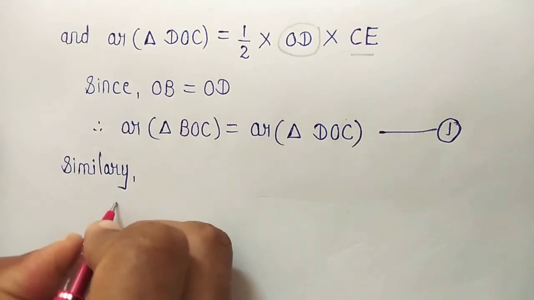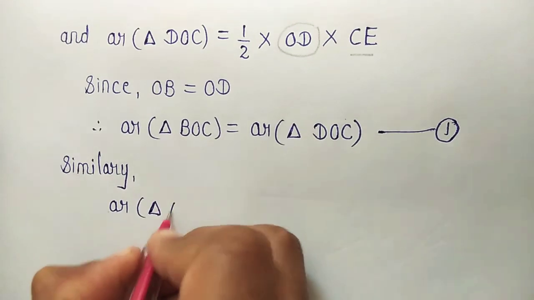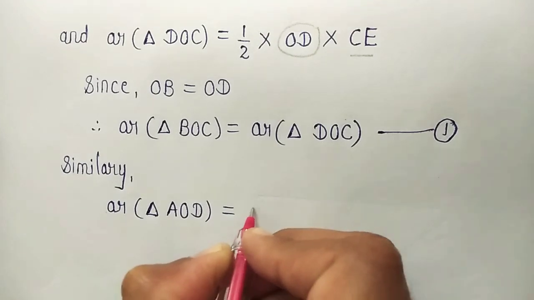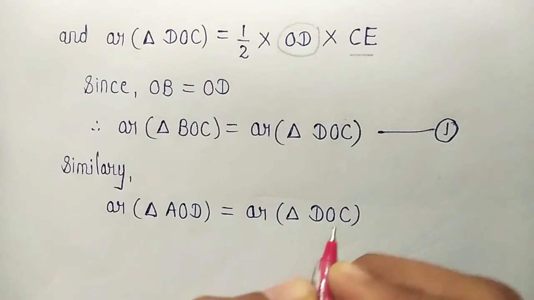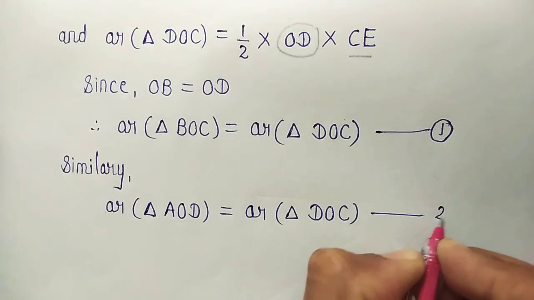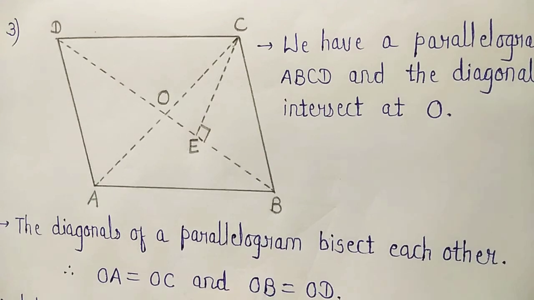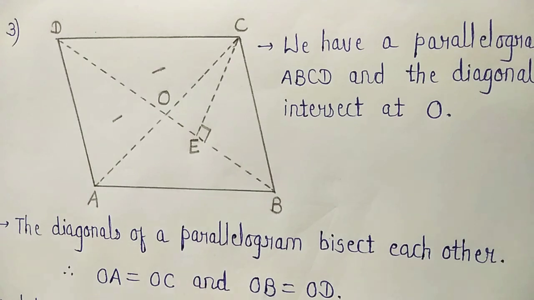Similarly, area of triangle AOD will be equal to area of triangle DOC. This will be equation number 2. Right, now what did we write? These 2 triangle areas are equal.